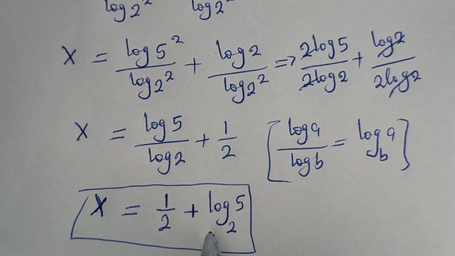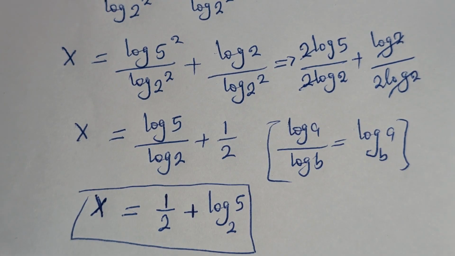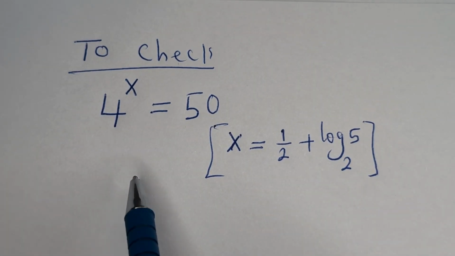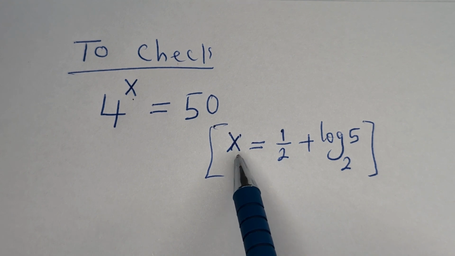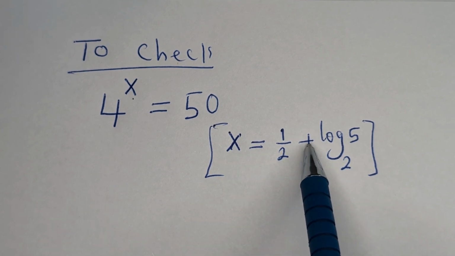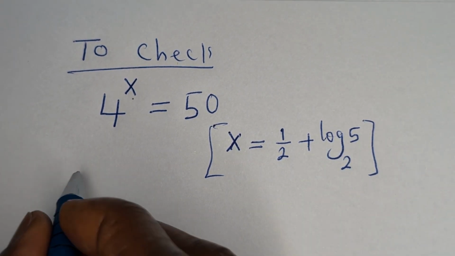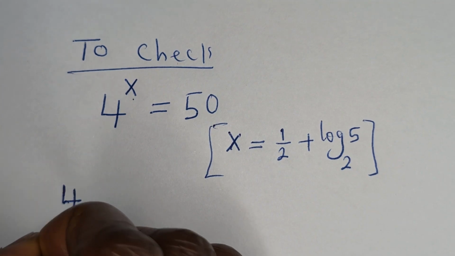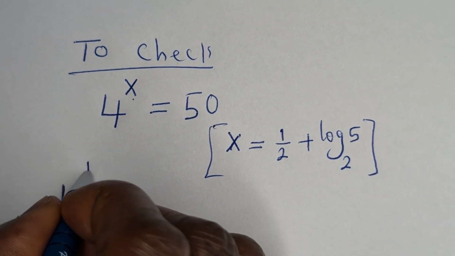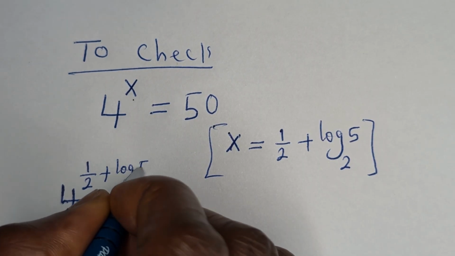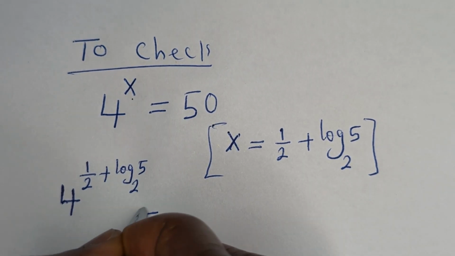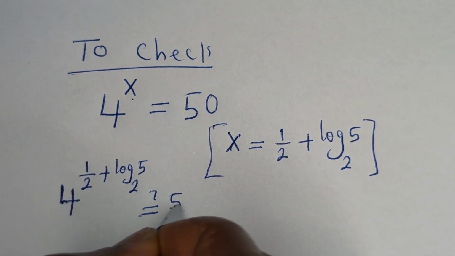We may check to confirm if this answer is right or wrong. Let's check. To check, we have the given equation 4 raised to power x is equal to 50, when x is equal to 1 over 2 plus log 5 base 2. Then this is 4 raised to power 1 over 2 plus log 5 base 2 must be equal to 50.